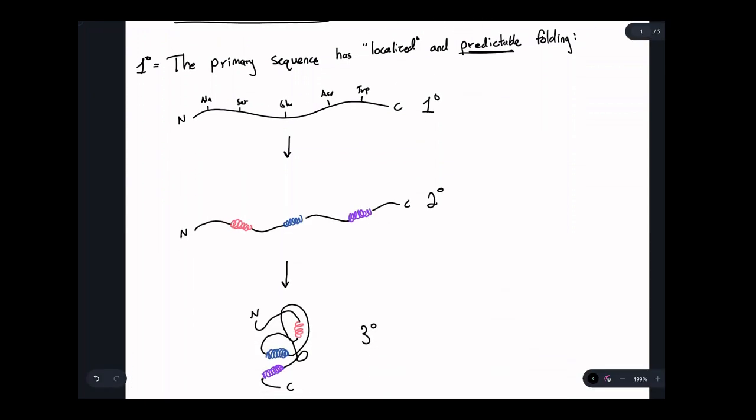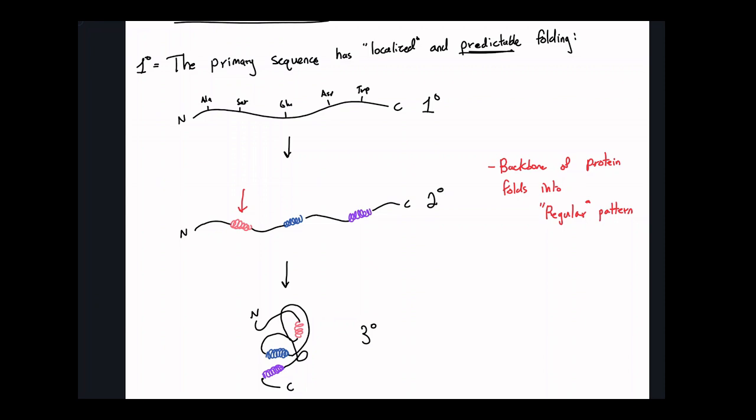So secondary structure is when the backbone of protein folds into regular patterns. And so we call this areas of regular structure. Right? These areas here, for example, are helices. Right? We call these alpha helixes.